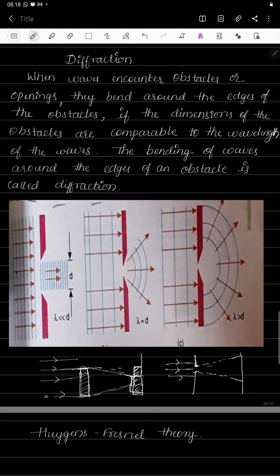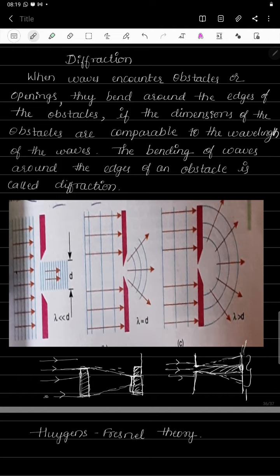What we should expect is that the light would be of the same size as the opening, but actually because of this diffraction phenomenon at the edges the light bends, so the light region will be this much. Above this and below this there will be the geometrical shadow region, because this is the opening that I have considered.